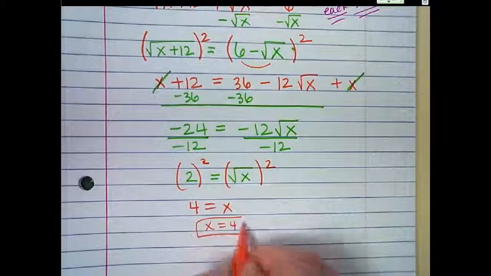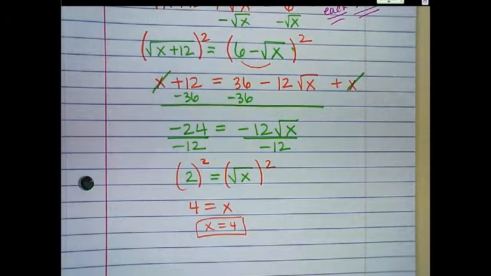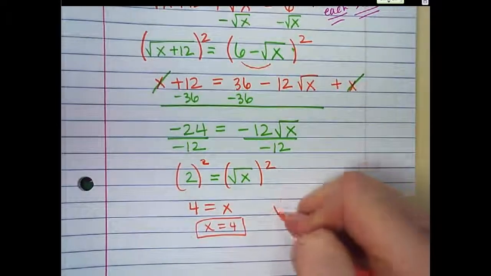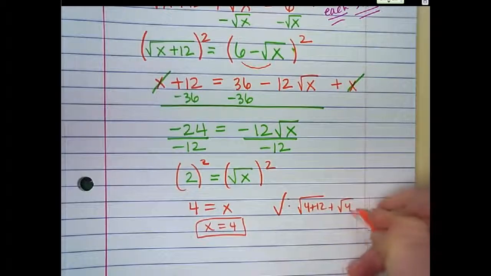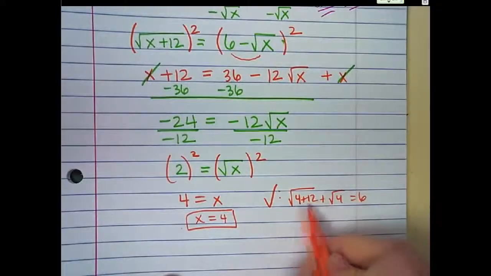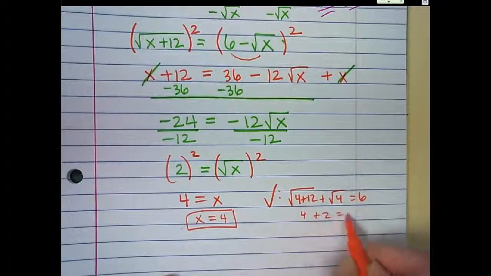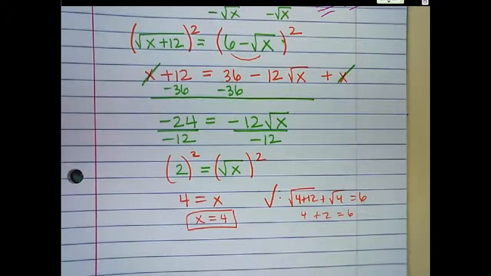Okay, wait. And then check it. So 4 plus 12 plus 4 equals 6. So that's 16, which is 4 plus 2 equals 6. So it works. Let's do one more.